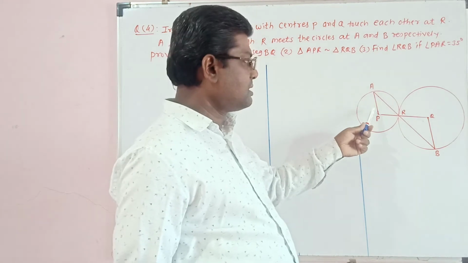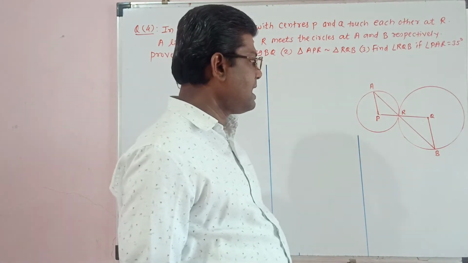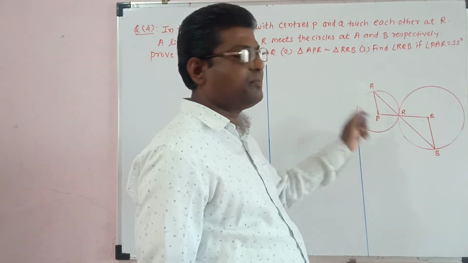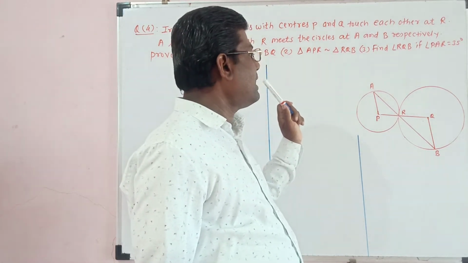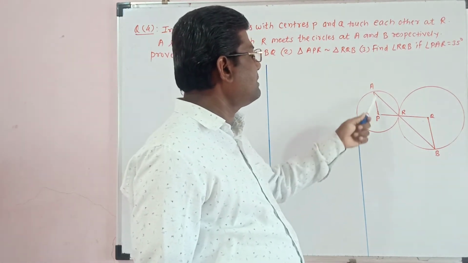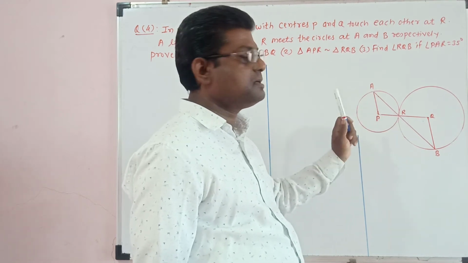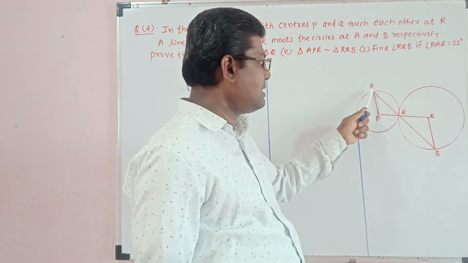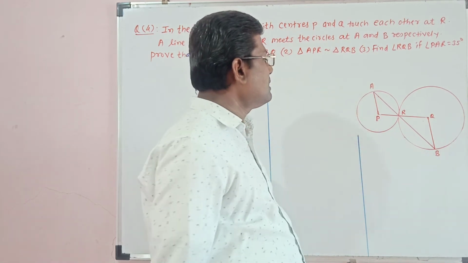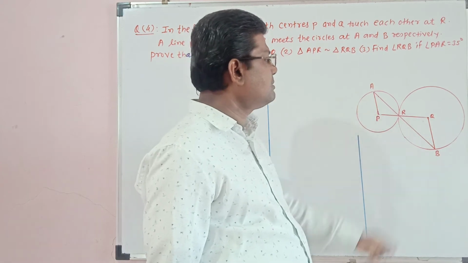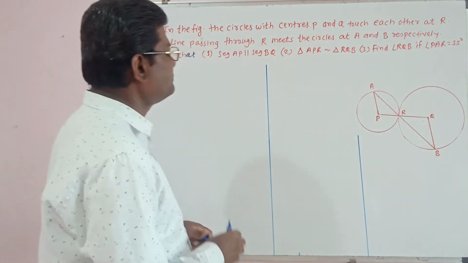These are two circles with centers P and Q touching at point R, and the line passing through the point R meets the circles at A and B. Now we have to show segment AP parallel to segment BQ.